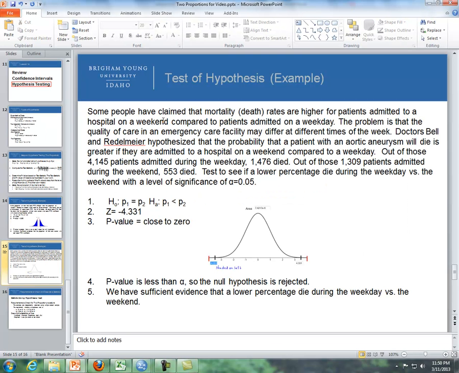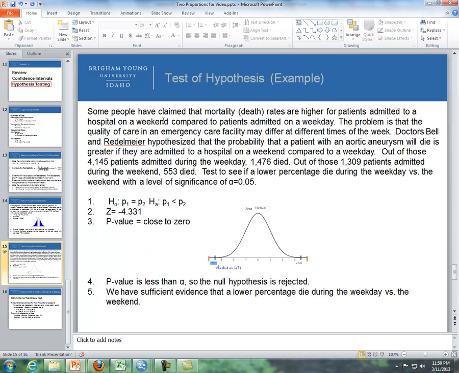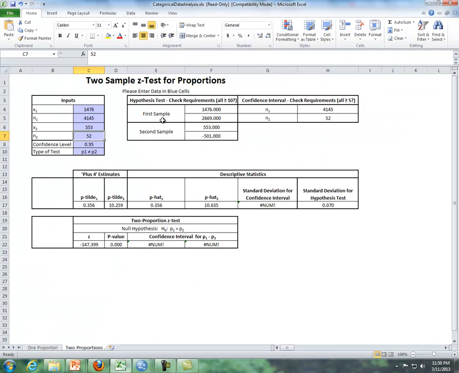And then for the second group, it's going to be 553 out of 1309. Then I press enter, and down below is where I get my test statistic. I can change this to a one-sided test, though it's not going to change our results. Since the p-value is close to 0, I'm still going to get the same result, but this is where we get our test statistic and our p-value.